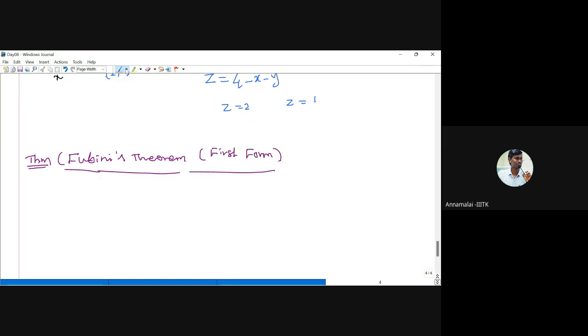What the theorem says: suppose we have a continuous function f of x comma y.